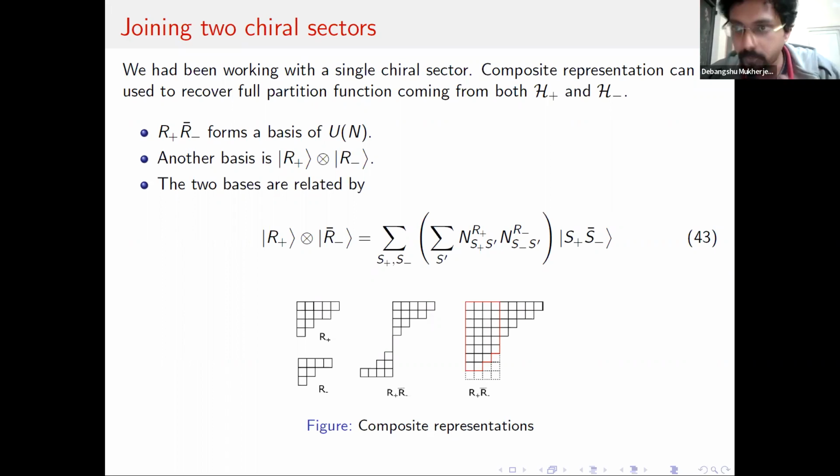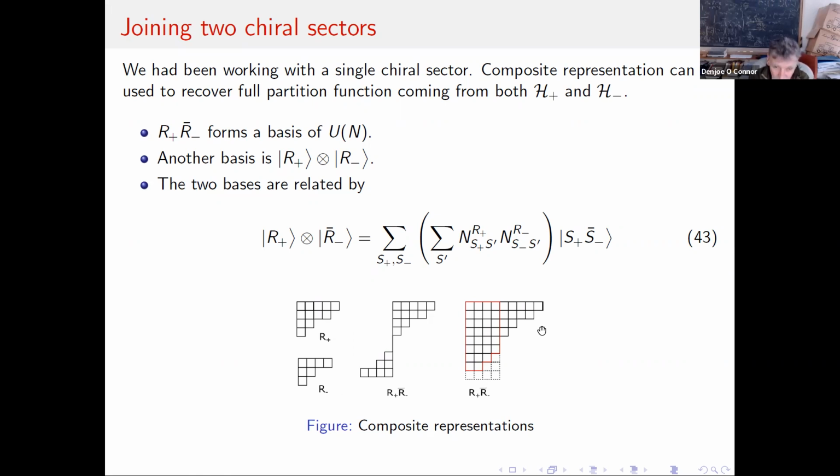So you want to avoid that problem. This is the reason why box number can also become negative, because I can always dial that Q and make things go negative. And what you try to do is, you try to make sure that everything is written in terms of positive box numbers. And essentially, what this procedure does is, it tells you that this representation is effectively same as this.